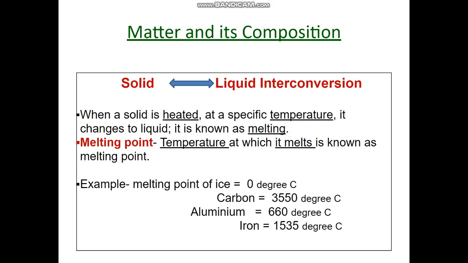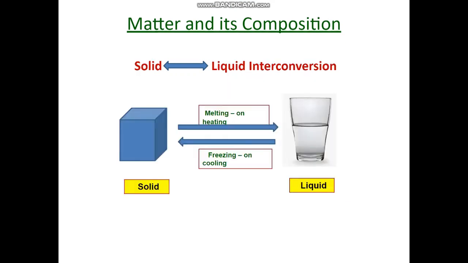For example, the melting point of ice is 0 degrees Celsius, carbon 3550 degrees Celsius, aluminium has a melting point of 660 degrees Celsius, and iron has a melting point of 1535 degrees Celsius.